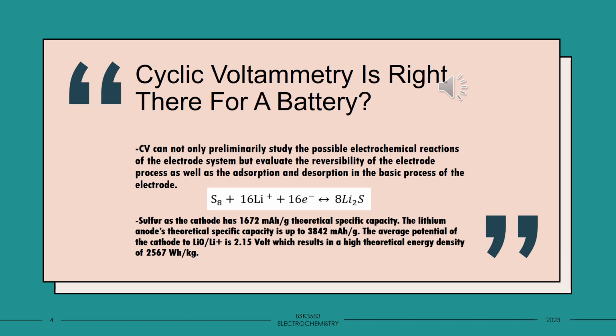The lithium anode's theoretical specific capacity is up to 3842 mAh per gram. The average potential of the cathode relative to Li+/Li is 2.15 volts, which results in a high theoretical energy density.